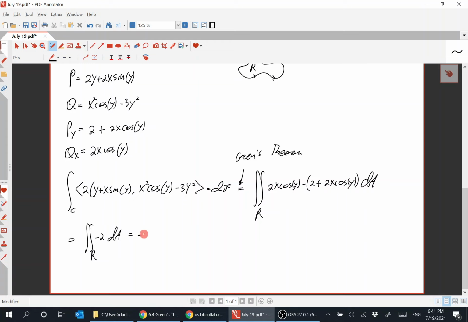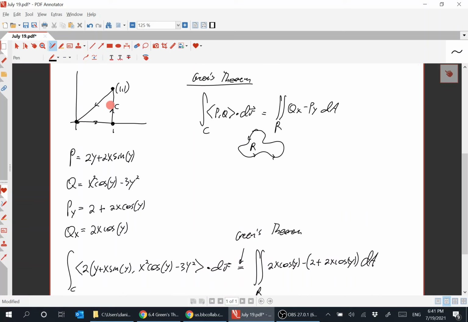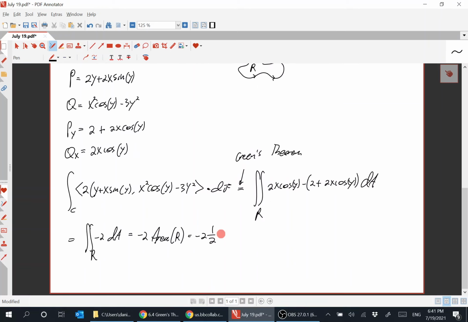Right, this is equal to minus 2 times the area of R. So it's minus 2 times a half, base times the height, which is 1 and 1. So the answer is minus 1.